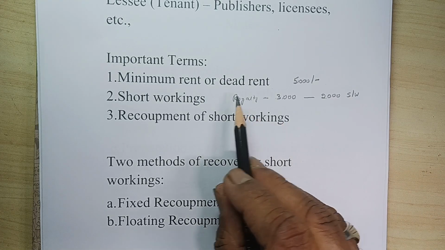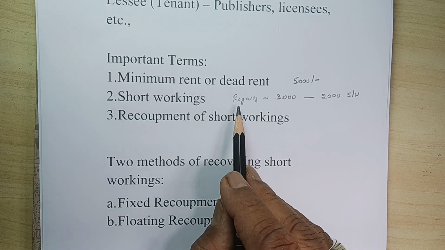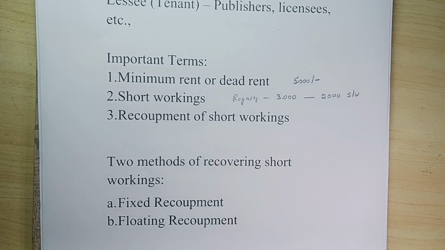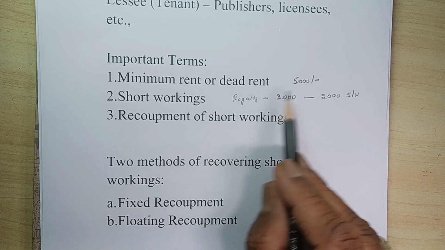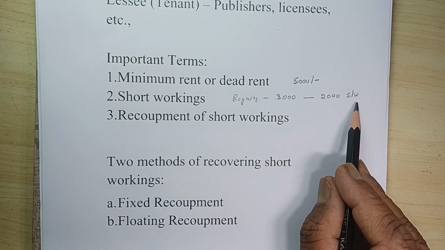So when you fix that minimum rent, the dead rent, then we start calculating royalty. When you calculate royalty, if royalty is more than minimum rent, no problem. If royalty is less than minimum rent, then the question of short working arises.